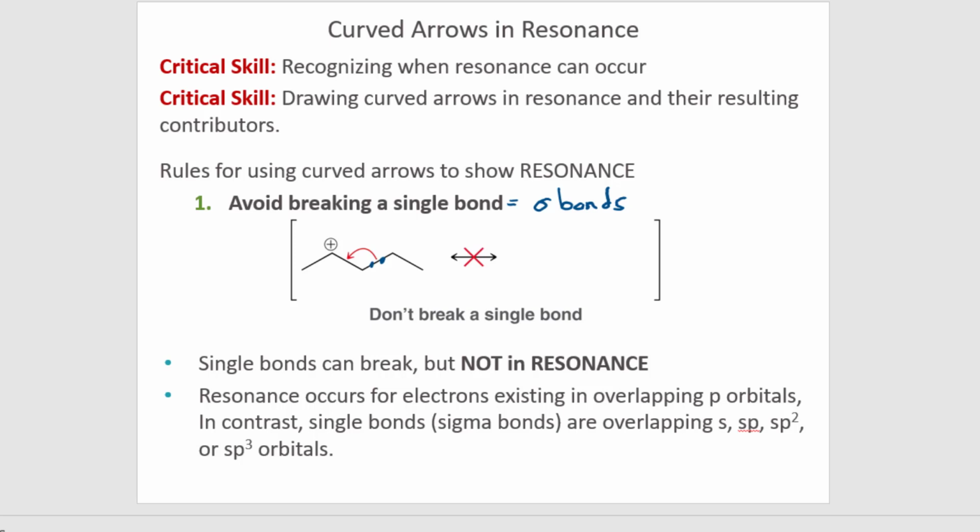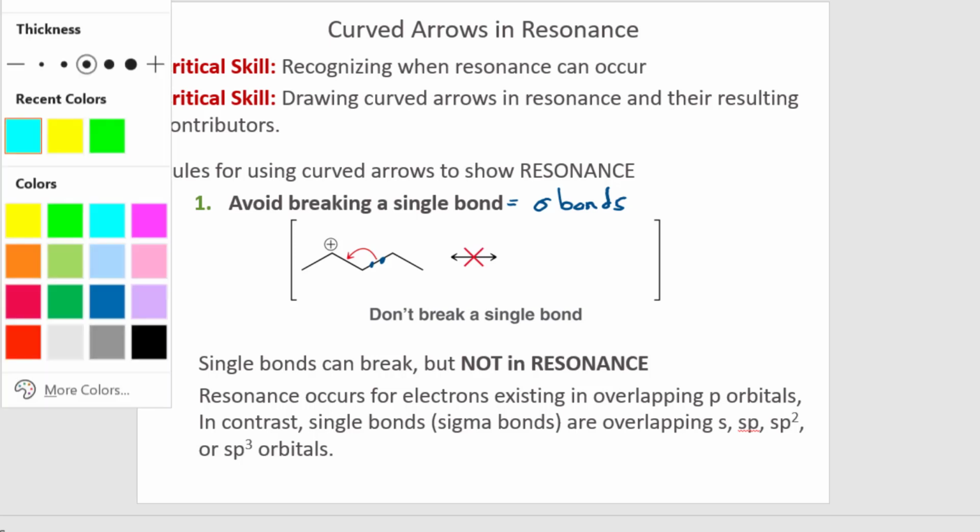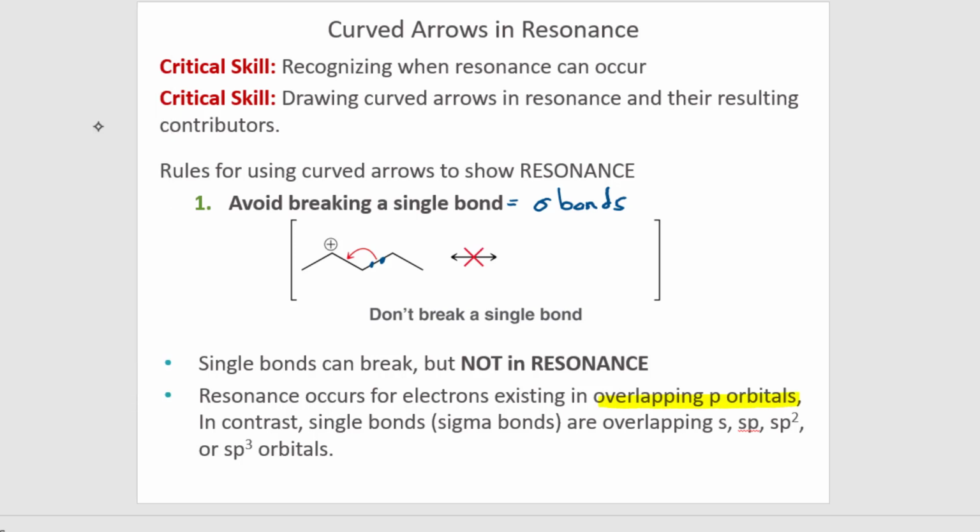Resonance occurs for electrons existing and only existing in overlapping p orbitals. And that is the key. You're not going to have electrons in sp2 or sp3 or sp orbitals moving. In order for resonance to occur, you're going to have overlapping orbitals that are unhybridized p orbitals. sp3 orbitals never have p orbitals.